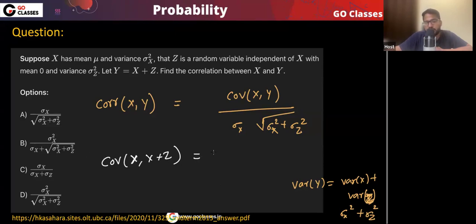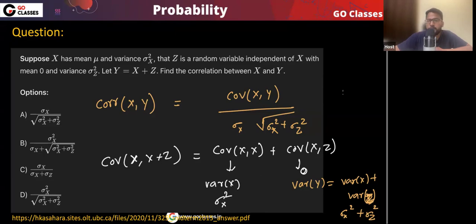So basically it is the covariance of X and X plus the covariance of X and Z. This is nothing but the variance of X and this is 0, because they're independent. Now the variance of X is actually sigma X square, right? So if you plug it here, then it will be sigma X square divided by sigma X times the square root of sigma X square plus sigma Z square.